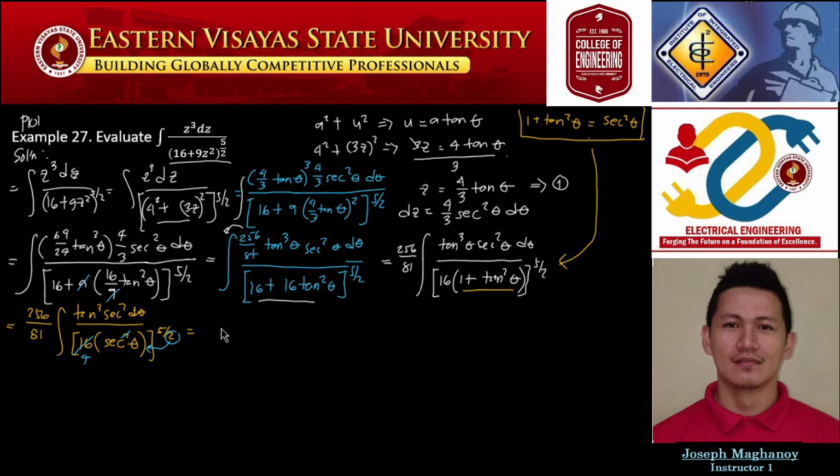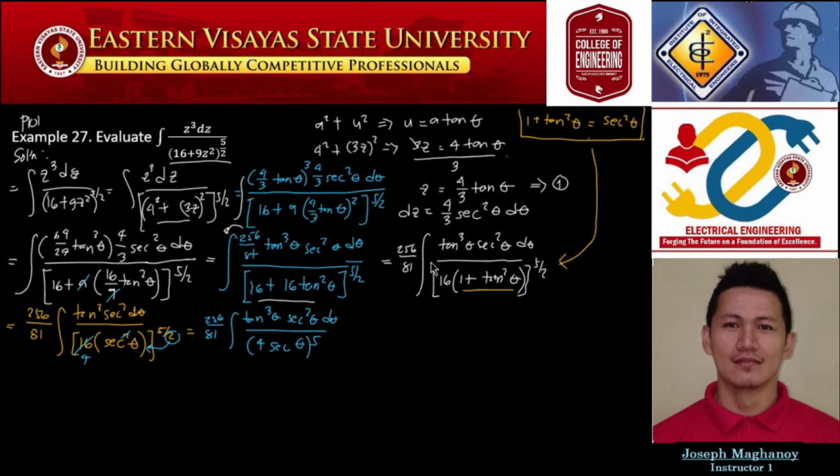Okay, we rewrite. That is 256/81 integral of tangent cubed theta secant squared theta d theta all over, so this is only 4 secant theta. Of course, you still have it raised to the 5th power.